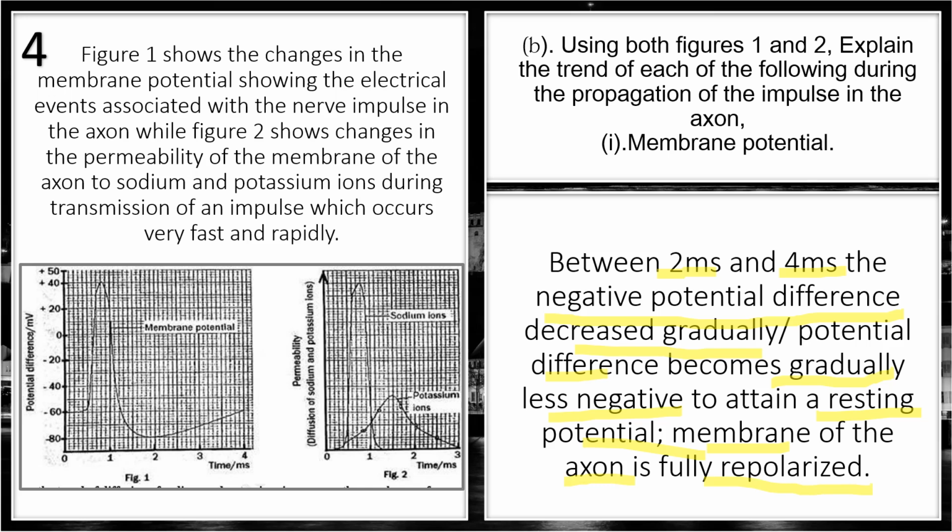So from 2 to 4 milliseconds, it goes back and attains the resting potential, and we say that at this point, the axon is fully repolarized after attaining the resting potential of negative 60 millivolts.